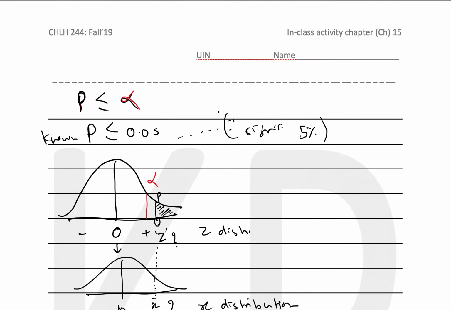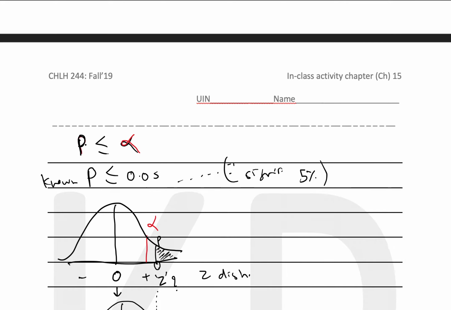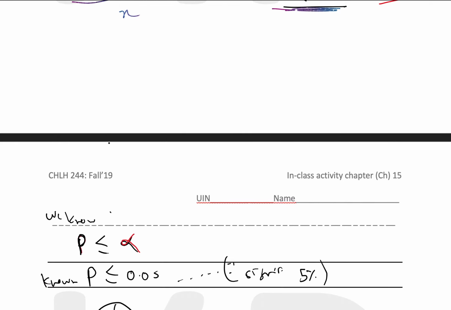So now let's go over that. We know p is less than or equal to alpha, because we are going to reject the null hypothesis.